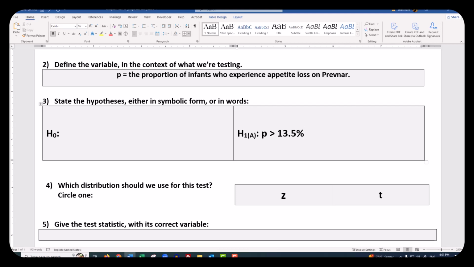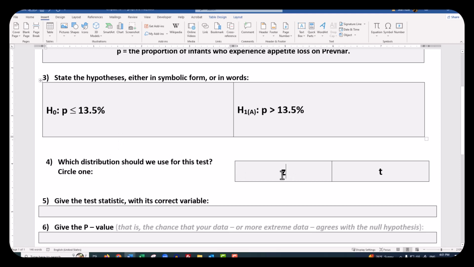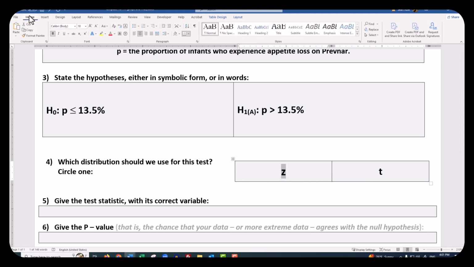So the question is, is that just due to random chance, or does it appear to be significantly higher? Which means the null is going to be everything else, which is less than or equal to 13.5%. Okay, which distribution? It's going to be a z. For a proportion, it's always going to be a z. No reason to use anything else.